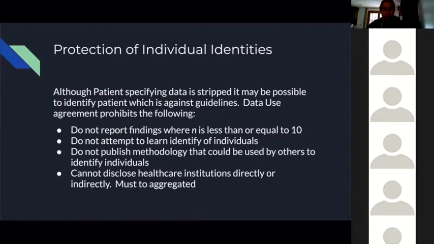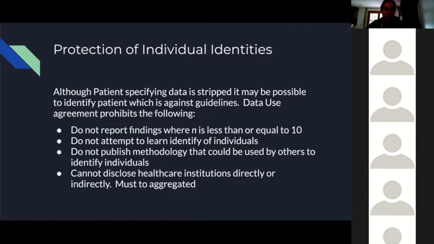So data use actually prohibits the following. If you're doing any study that's focusing on a very rare disease, and at the end of it, you have, on a region by region or state by state level, an N number less than 10, you cannot report those findings because that value is too low. It could suggest that there's probably 1 patient per hospital who goes for that condition, and it would jeopardize their identity.